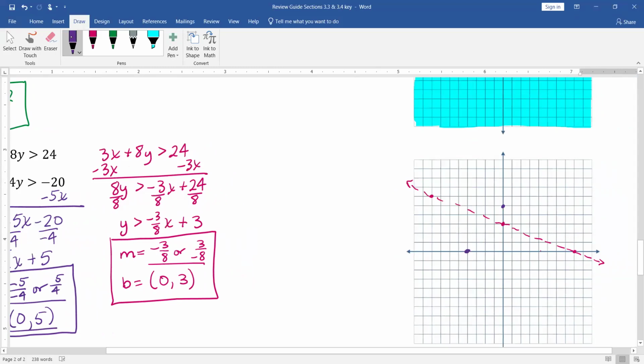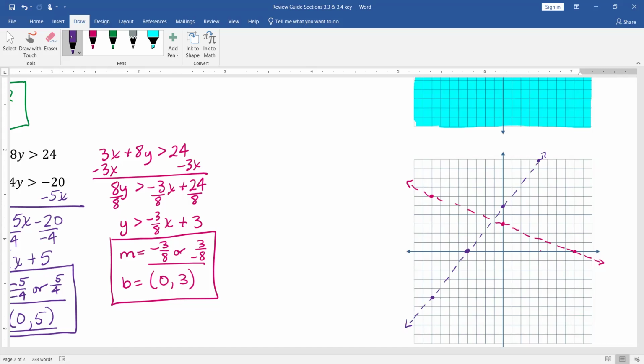And then if I go up 5, 1, 2, 3, 4, 5, that's the very top. I have to go right 4, 1, 2, 3, 4. Which makes sense. We have a positive slope, so it should be going uphill. I'm also going to go, just to give myself another dot, down 1, 2, 3, 4, 5, left 1, 2, 3, right here. Okay, so now we can graph it. Like I remembered the first time.